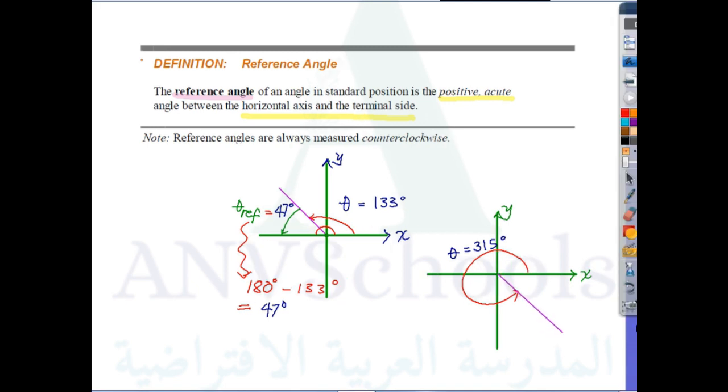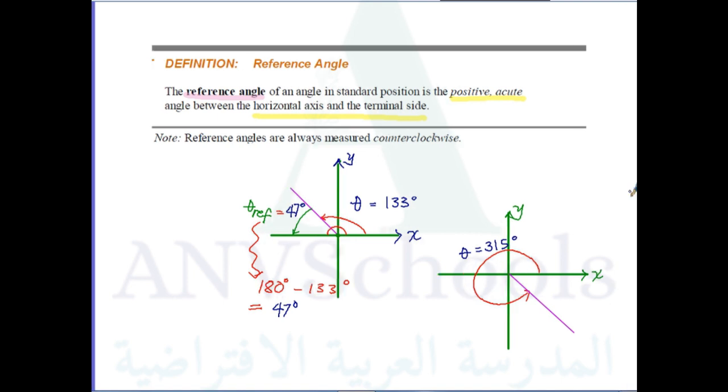So therefore my reference angle would be from here going to here. This is my theta ref, and how do you compute for that? We have 360 degrees minus 315 degrees, so that's 45 degrees.